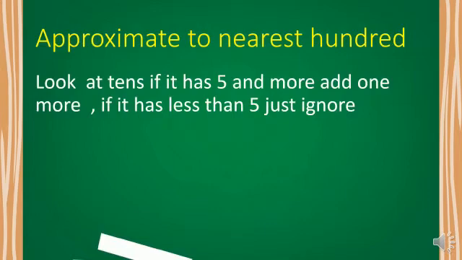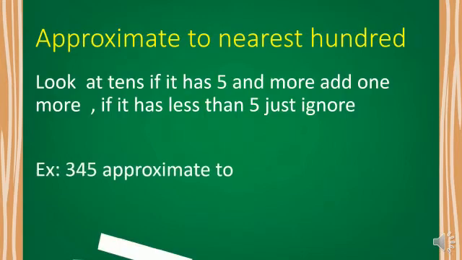If it has less than 5, it is a poor number, just ignore. So 5 and more, add 1 more. Less than 5, just ignore. Ignore means put 0.